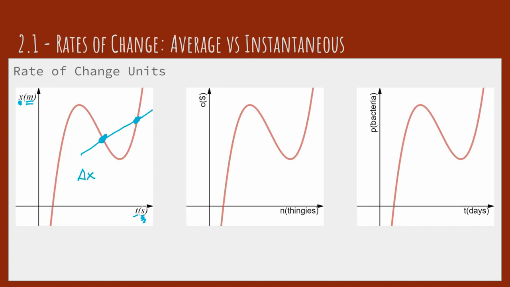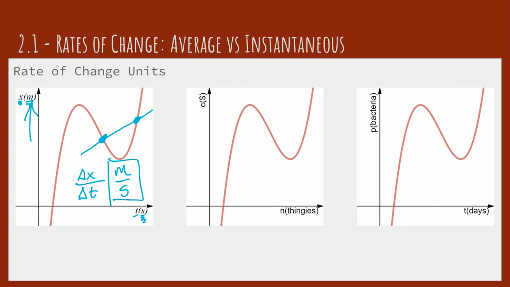So in this particular graph, a vertical change is going to be the change in the x value because that's the vertical units. And then we're going to divide by a horizontal change, which is going to be a change in time. So the slope in this coordinate plane is going to be a change in x divided by a change in t. Well, as far as units go, x is measured in meters and time is measured in seconds. So when we find a slope in this coordinate plane, we're getting units that are meters per second.